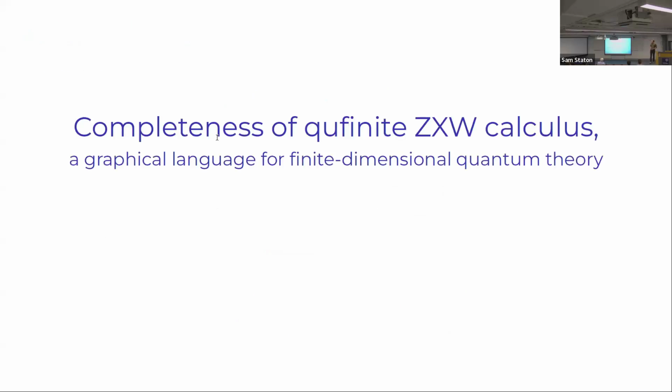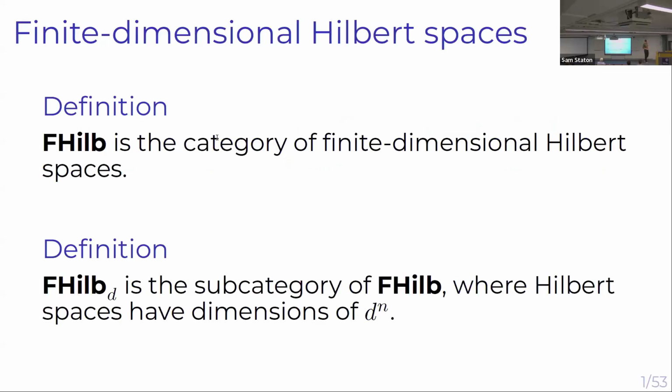And now I'm going to start talking about the paper we have been working on: the completeness of the Q-finite ZXW calculus. With this, we have a graphical language for finite dimensional quantum theory. So first of all, finite dimensional quantum theory. I'm going to call FHilb the category of finite dimensional Hilbert spaces.